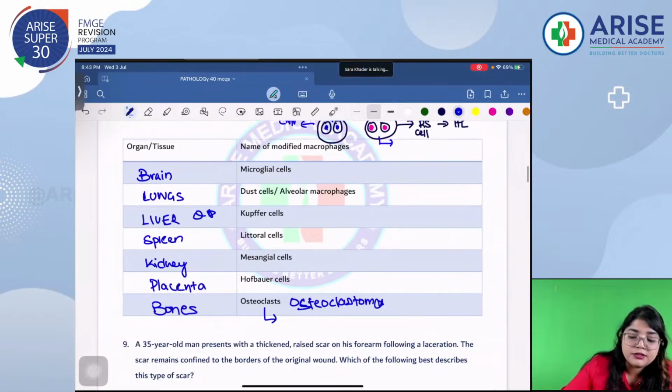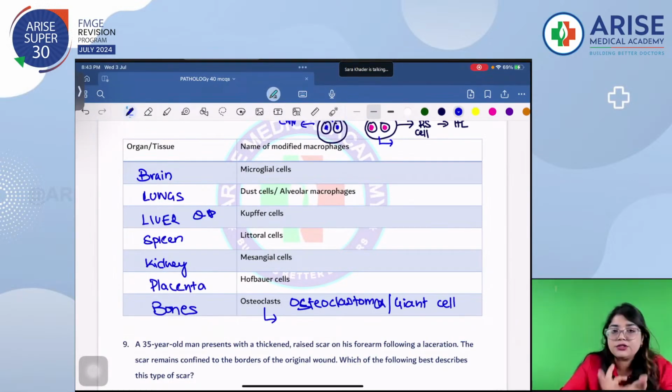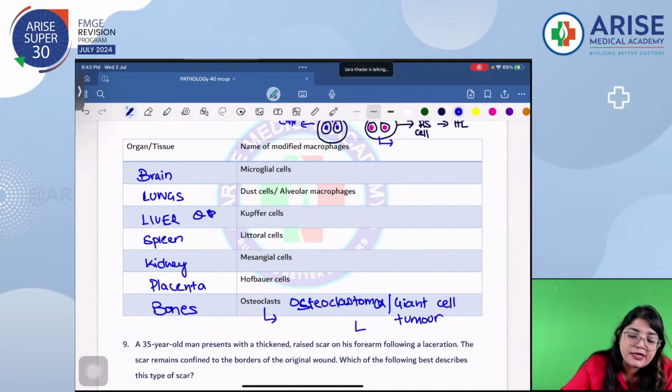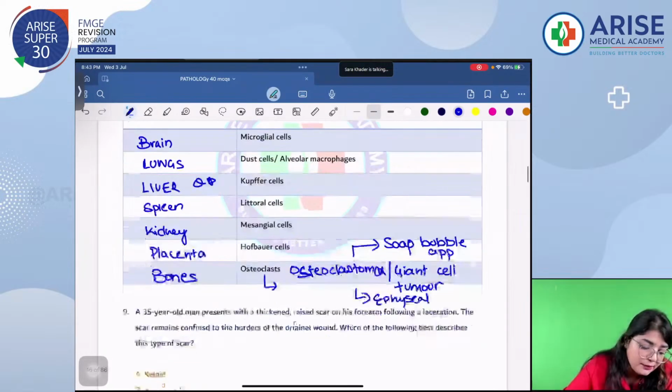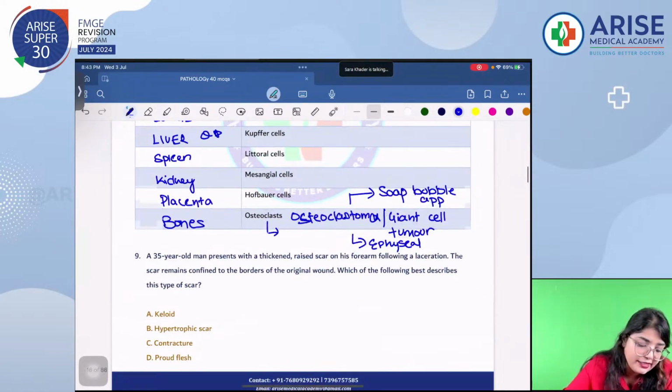It is your giant cell tumor, because osteoclasts are nothing but giant cells. So this is why it is known as your giant cell tumor. And this is actually an epiphyseal tumor, right? It has a very famous appearance, which is the soap bubble appearance. Yes, very good.